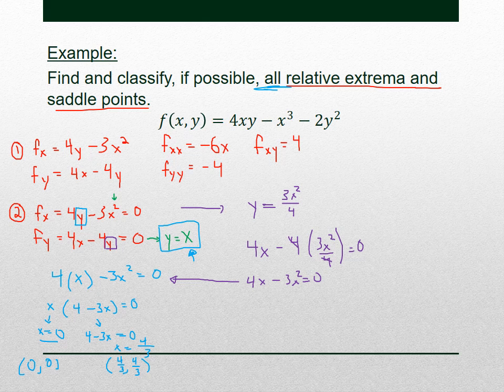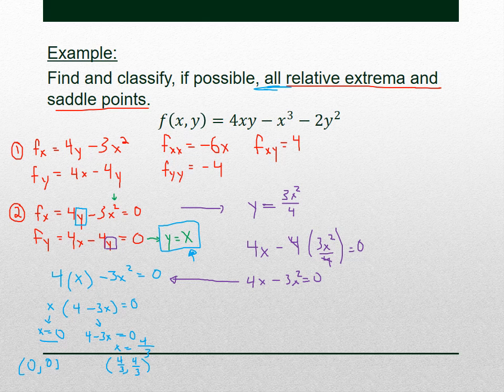And that's fine, right? But that's our y. Well, then we'd have to plug that in for this y right here, because that's the equation we didn't use yet. If we do that, we will get 4x minus 4 times 3x squared over 4, and that thing is equal to 0.